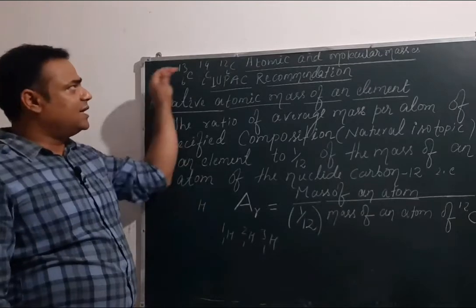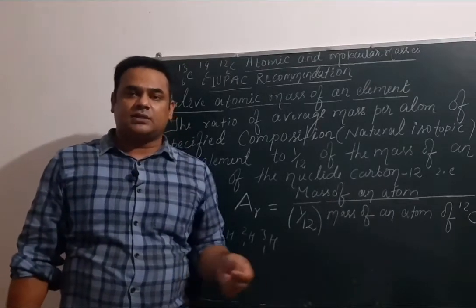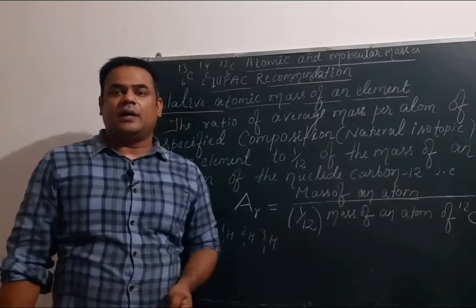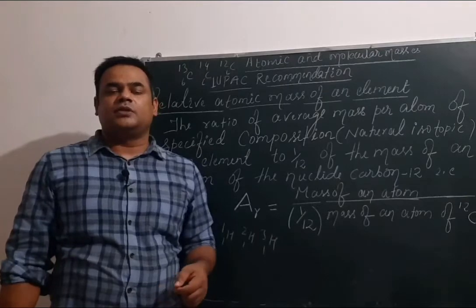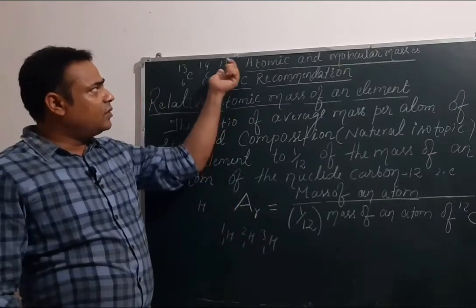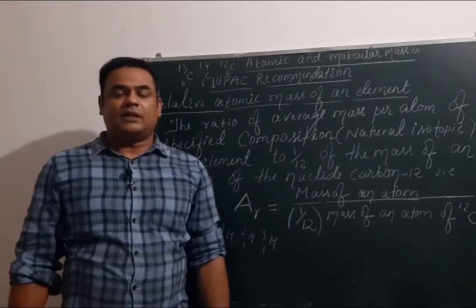So it exists in three isotopic forms, but whenever I ask you the atomic mass of the element, up to class 9th you have studied that the atomic mass of C12 is 12 gram. So we are telling only the isotopic mass of one isotope, but this cannot be correct.